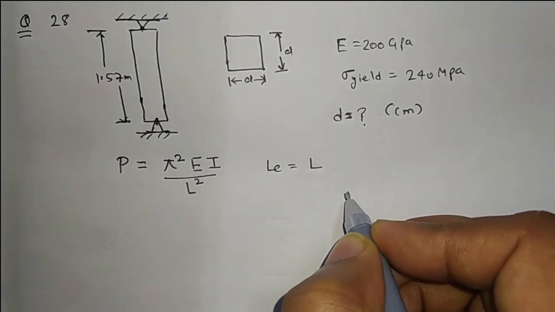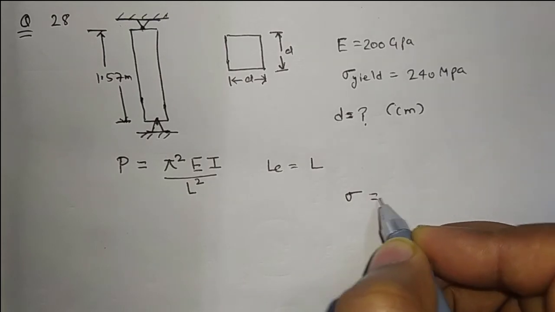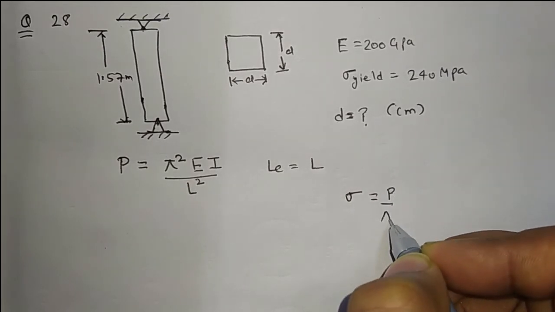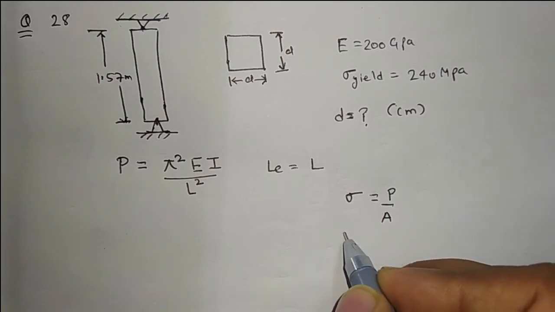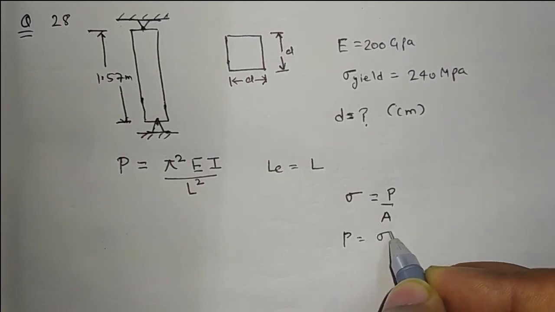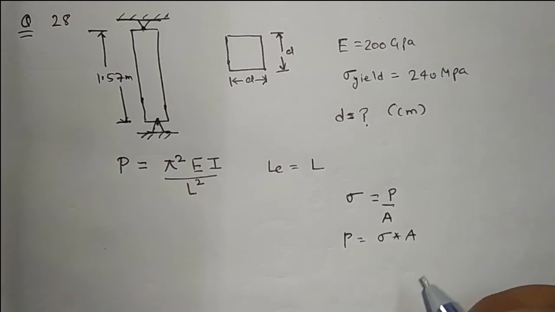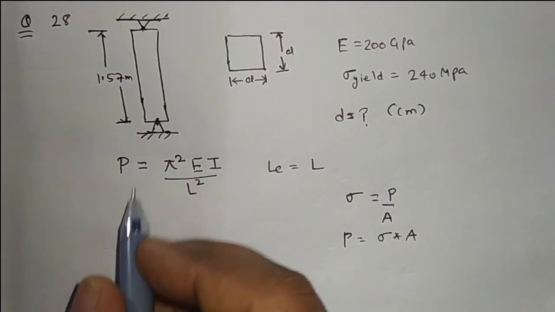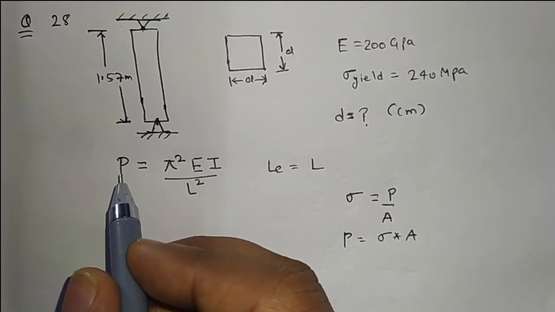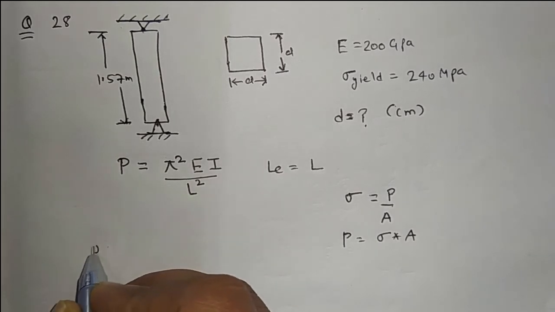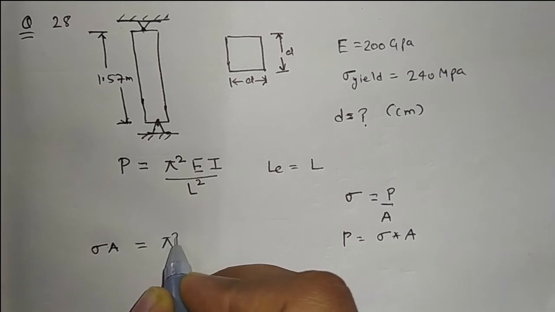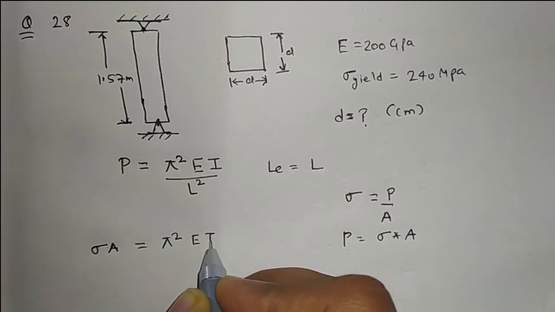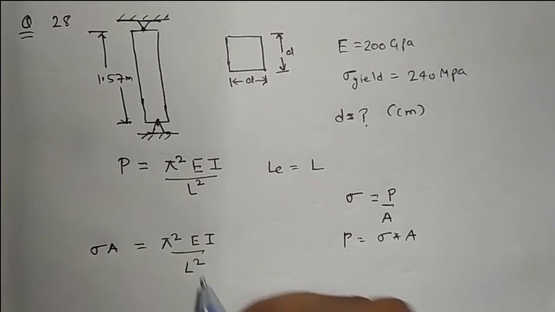We know that stress is force per unit area. So we can find the value of P equal to stress multiplied by the area of cross section. So we can put the value of P here: stress into area equal to pi square EI upon L square.